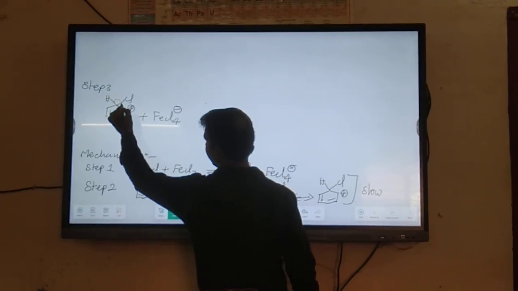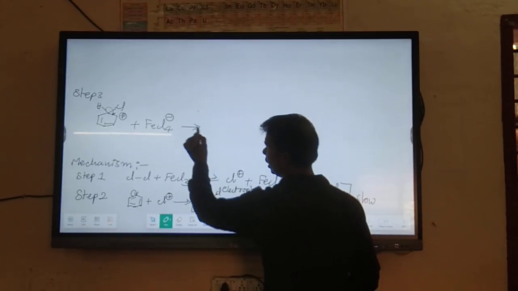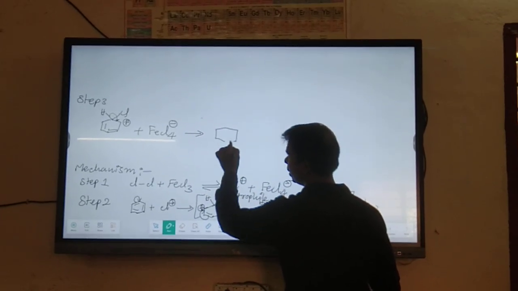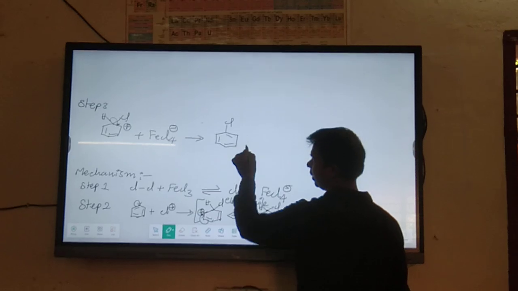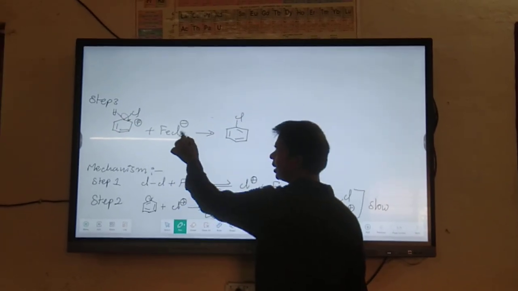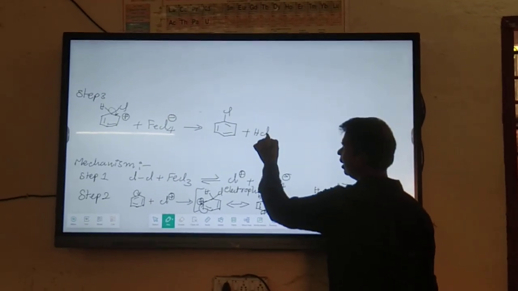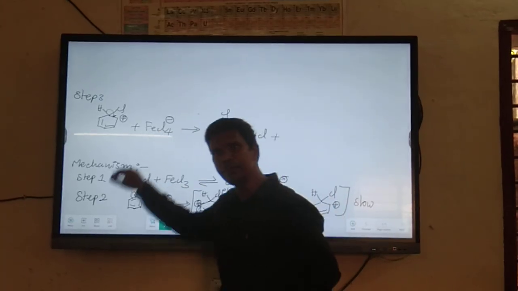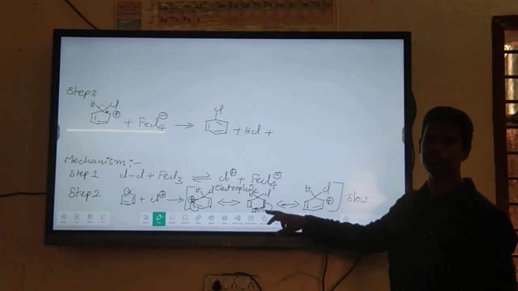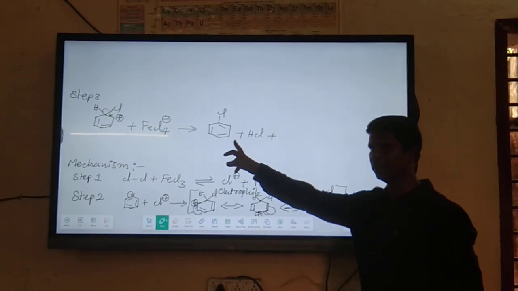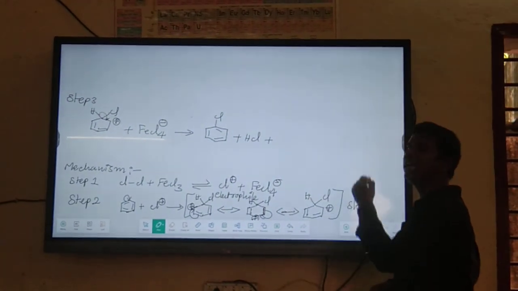So this hydrogen gives electrons to the benzene ring and it forms chlorobenzene plus H plus. One Cl will be taken from the FeCl4 and it forms HCl, and again FeCl3 will be regenerated. That FeCl3 again takes part in the electrophilic substitution and gives one more chlorobenzene. So FeCl3 will be regenerated and recycled.